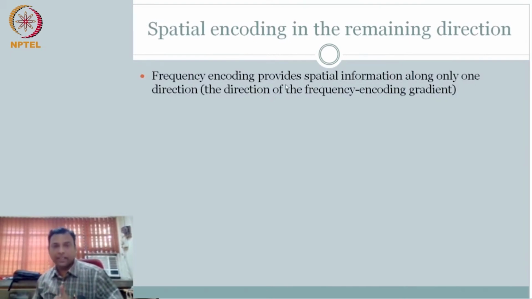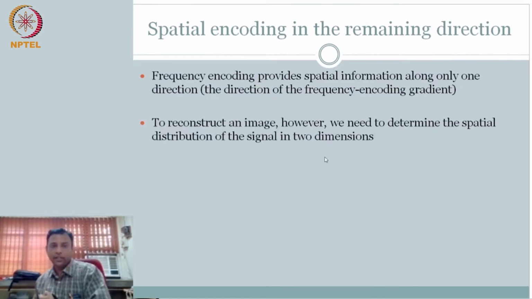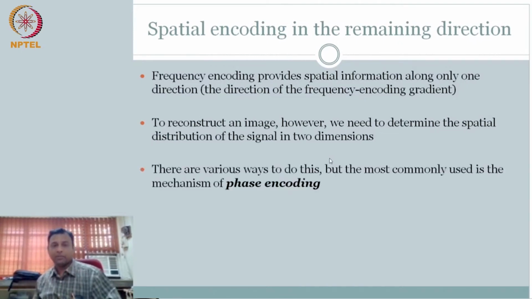The frequency encoding provides spatial information only along the x direction. To reconstruct an image, however, we need to determine the spatial distribution of signal in 2 dimensions within the imaging plane. So we know along the x direction, we need to also know along the y direction where it is coming from.